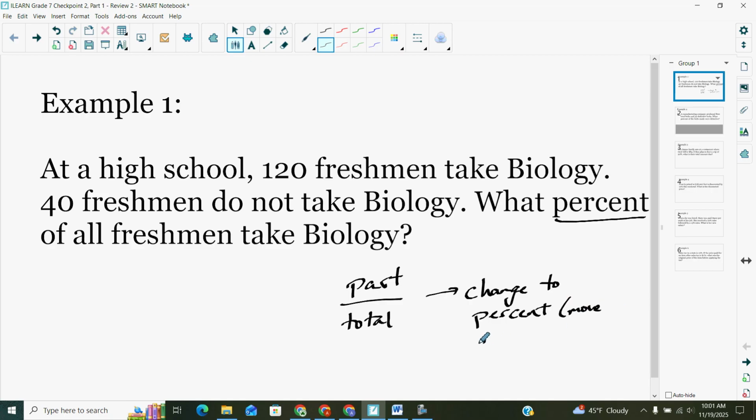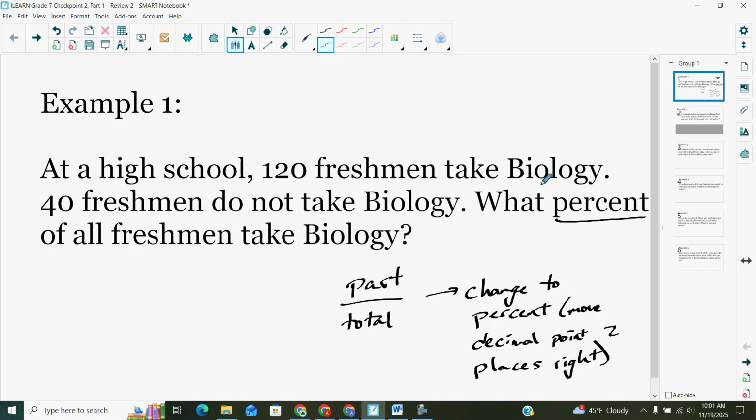We move the decimal point 2 places right. Basically, we multiply times 100. So again, to find a percentage, we're taking the part that we're looking for divided by the total amount, and then we need to change that to a percent.